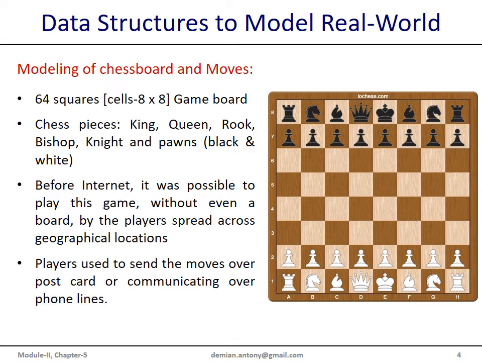They used to send the move over a postcard, or sometimes communicate the move over the phone lines. To do so, they used some codes which describe the chess piece move. Let us understand what notation or code was used by the players to communicate to the opponent.